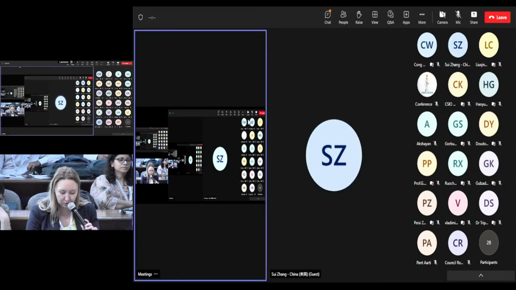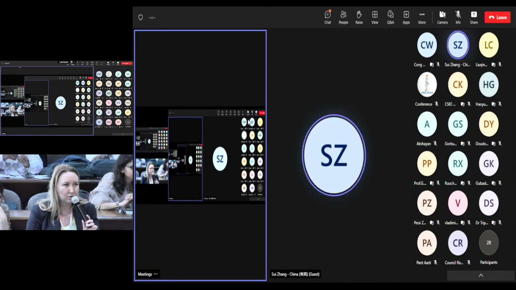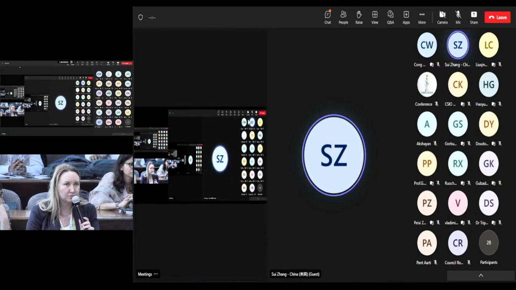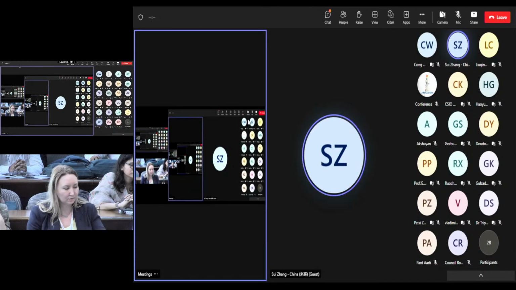So it's not for specific regions, just to analyze the statistics for the whole country. That is the main purpose. Finally, we apply the analysis and the simulation to the whole country. Okay, thank you.